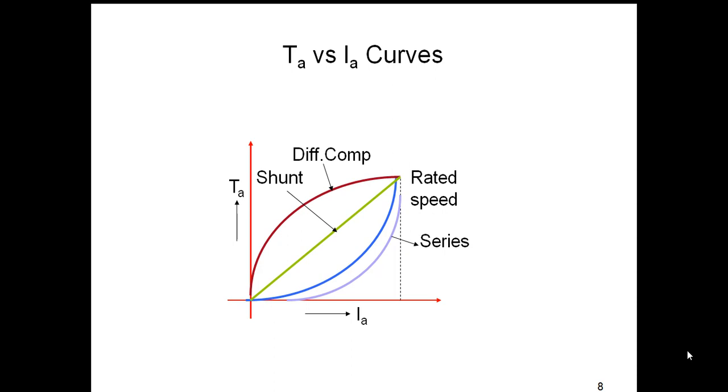The characteristics will be as shown with blue line. And the dotted line represents the rated speed.